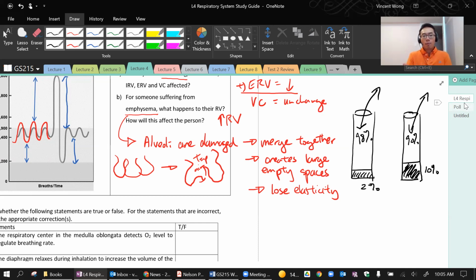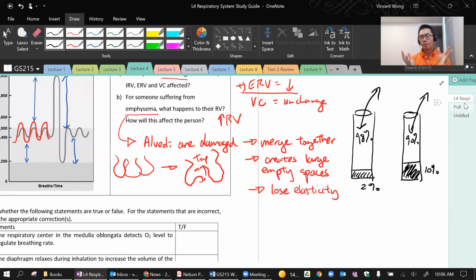You have to push the diaphragm extra up, and then you have to press your rib cage extra down, right, to squeeze all that air out. Compared to healthy alveoli, where the elasticity will automatically do that for you.